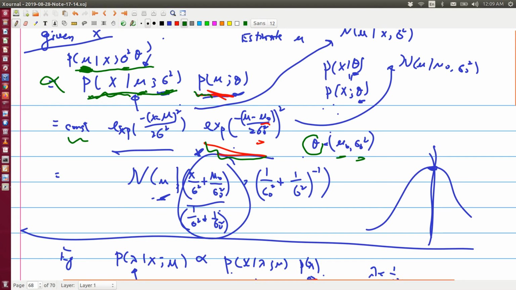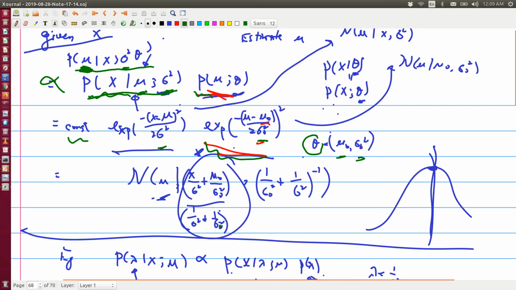So the precision for this one is 1/sigma square, and the precision for this one is 1/sigma naught square, so therefore it's x over sigma square plus mu naught over sigma naught square, a weighted sum, right? So we need to normalize that, dividing by 1/sigma square plus 1/sigma naught square.